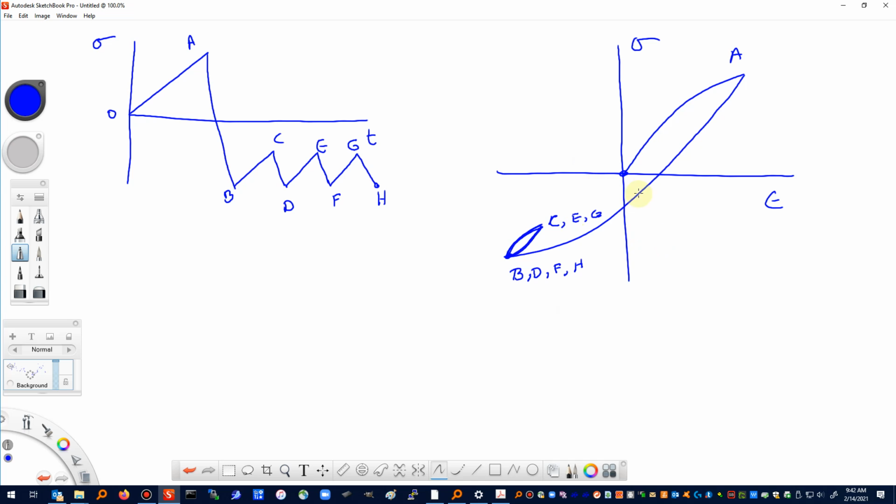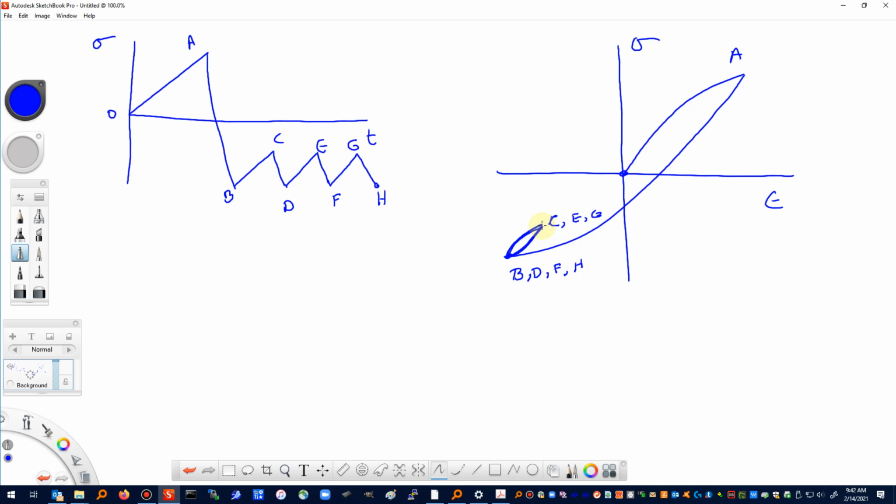What loops do we have? Well, we don't have any loop that involves A because it's just a branch. It's a monotonic, then a branch from A to B. But then we have all these loops that are going on here. Let's see what we have.